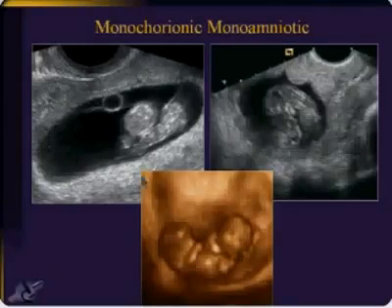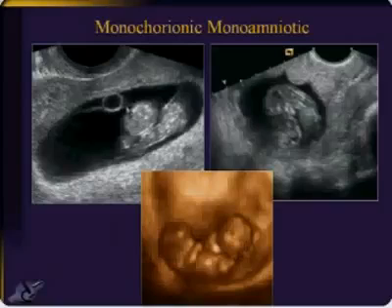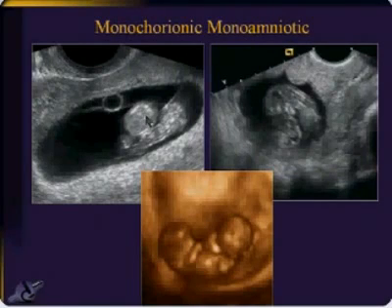Notice one chorion. Monoamniotic, see this one membrane going around 2 little bodies right here. Notice that there is one yolk sac out there that we see. And again, number of yolk sacs equal number of amnions.